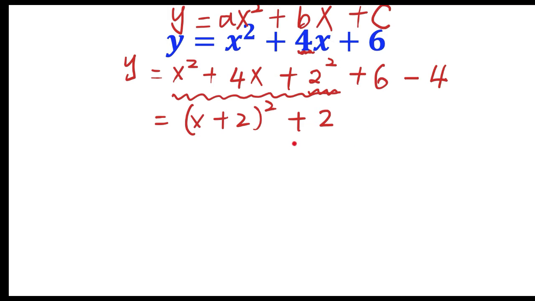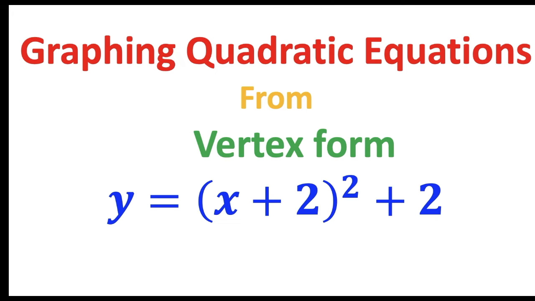And then from here, we would know our vertex form would be y equals (x plus 2) squared plus 2. So we actually changed from standard form to vertex form.